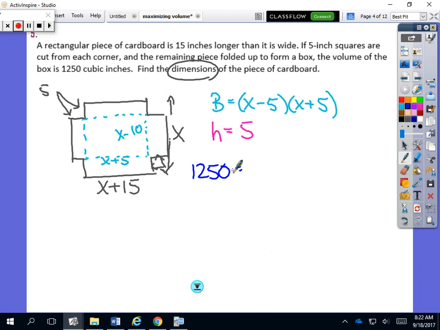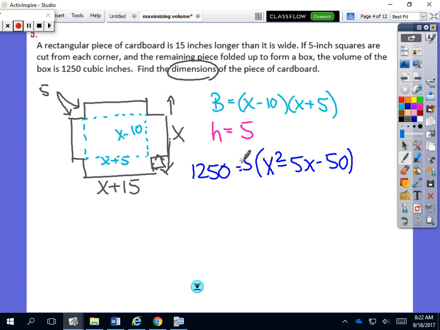So let's multiply the base out. We get x squared, I wrote that wrong, x minus 10 times x plus 5, which is x squared minus 5x minus 50. And that's going to be multiplied by the height, which is 5.